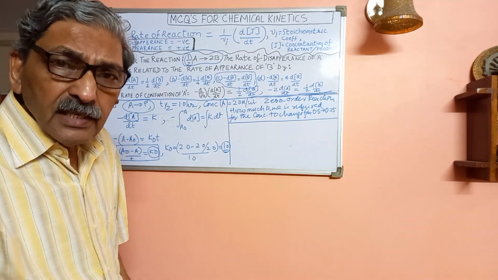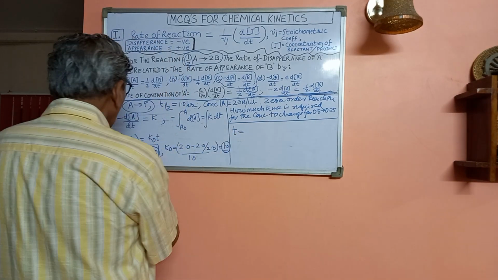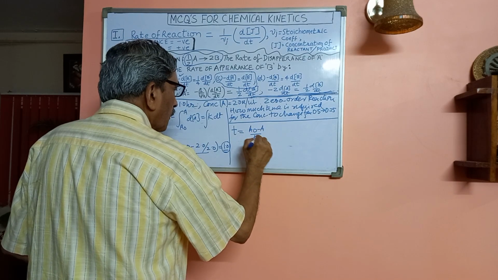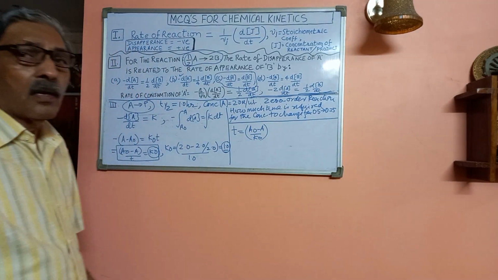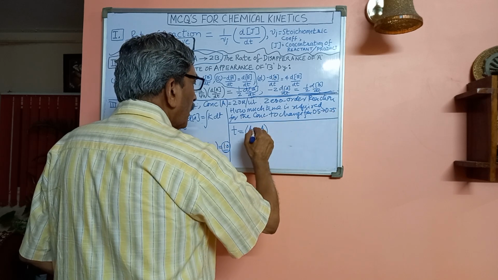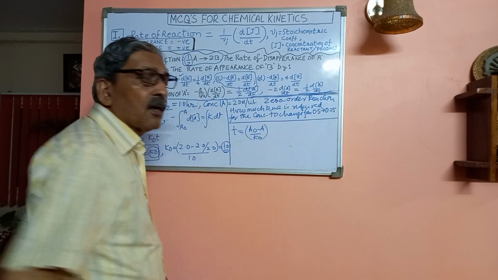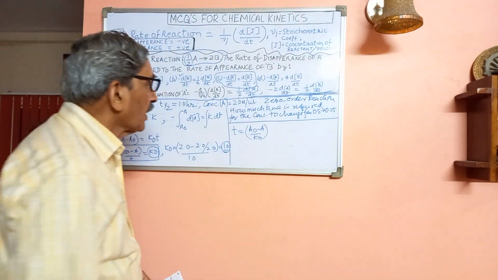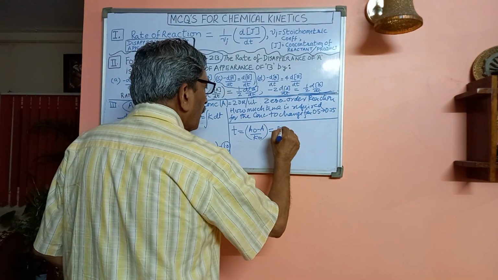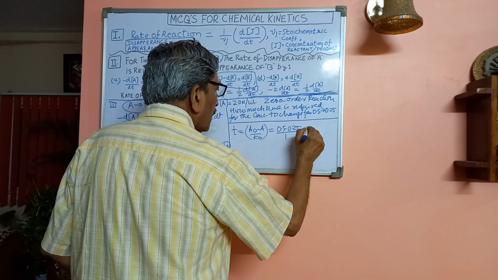So here we need to find out t. t will be nothing but a0 minus a upon K0, and a0 is 0.5, that is the starting concentration, and a is 0.25, the concentration of the reactant after time t. So this is 0.5 minus 0.25 by K naught. K naught is 1, so this is 0.25.